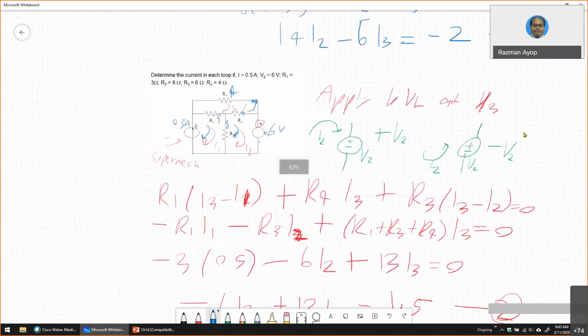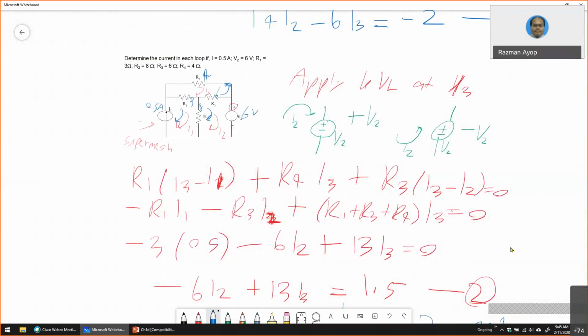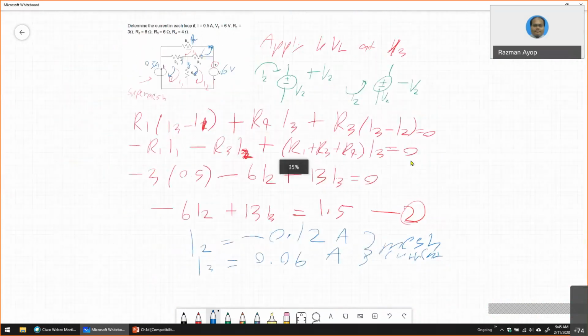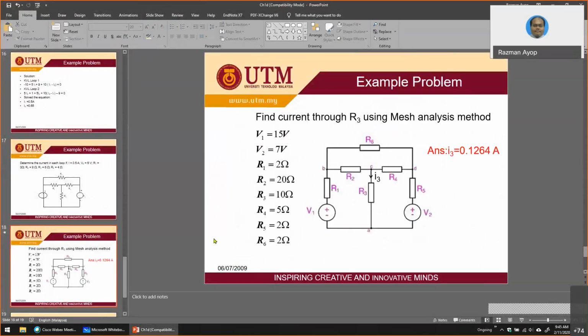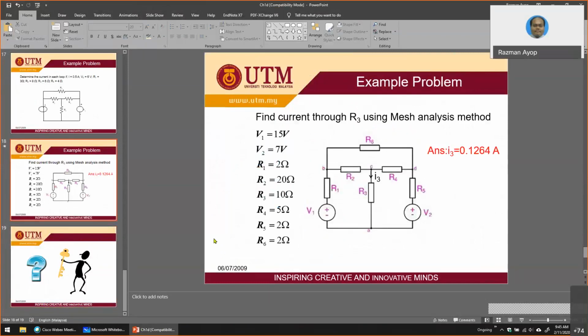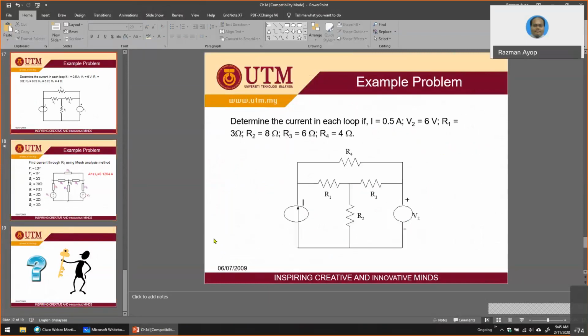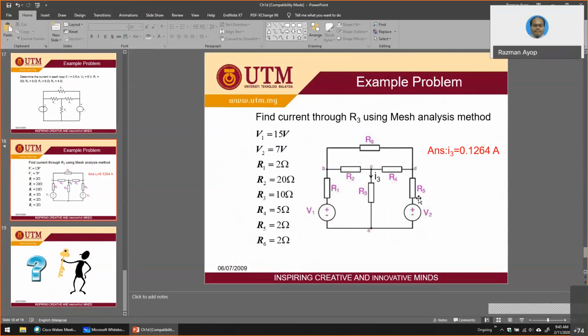Any more question? I think that's all from chapter 1. Oh, there is a last example. Do you want to look at this or not? I don't have enough time to show everything, but you can try to solve this.